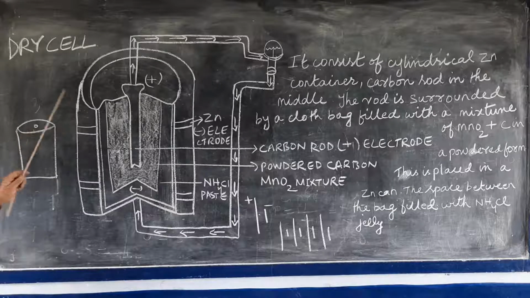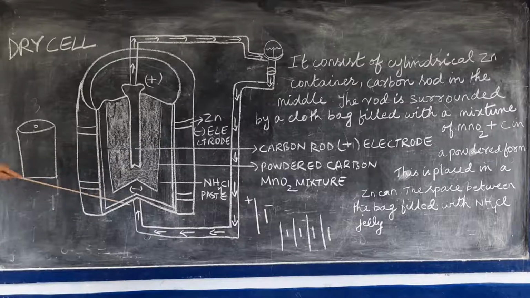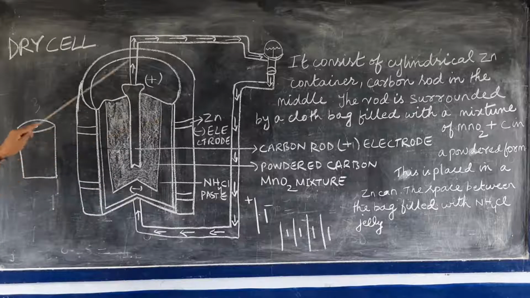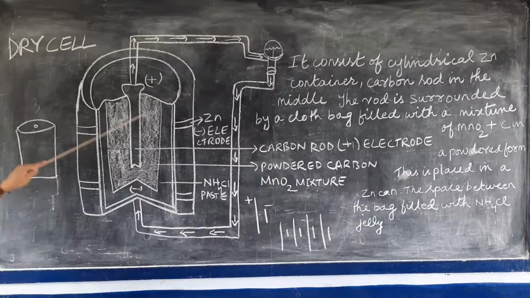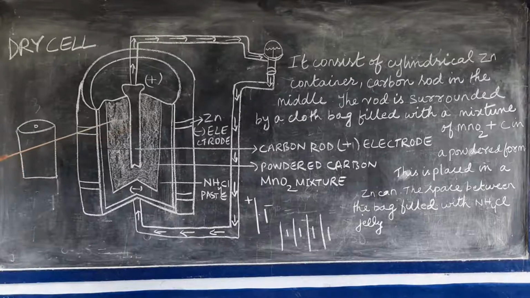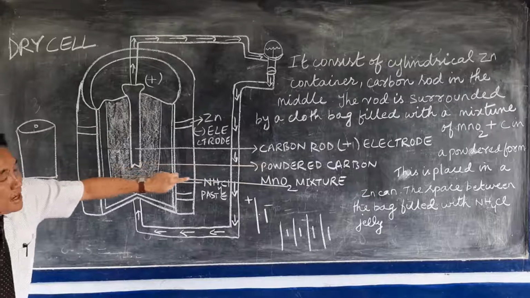So it consists of a cylindrical zinc container, and a carbon rod is present in the middle. Inside, at the middle of this container, there is a carbon rod, and this carbon rod is surrounded by a cloth bag, which is filled with a mixture of powdered carbon and manganese dioxide.